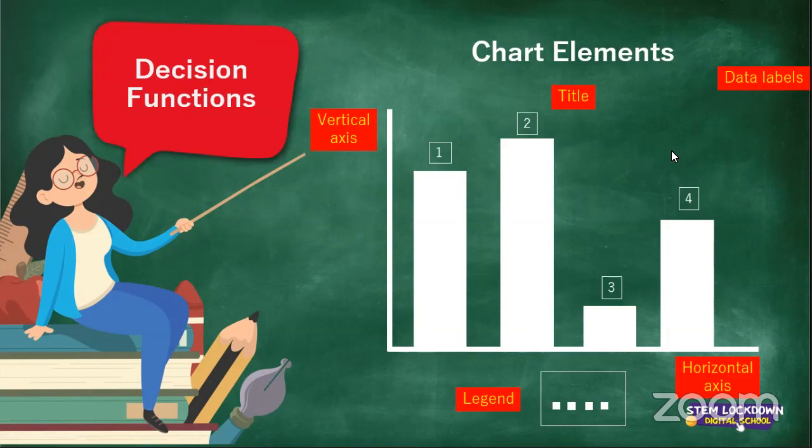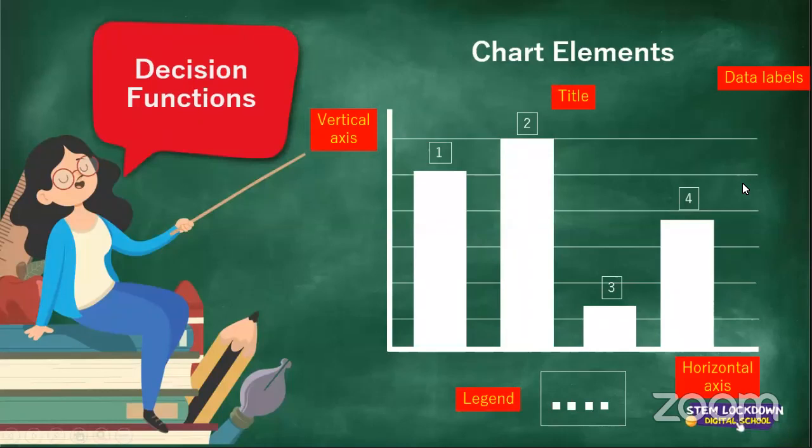Then, of course, sometimes you want to see the lines like that. What do we call these lines in the graph? We call them grid lines. All right, so these are some of the chart elements, right? Sometimes you would also need to format your graph, maybe give a specific color to a bar, or put a picture inside the bar, or increase the number of grid lines. Well, it's all up to how you want your graph to come out.